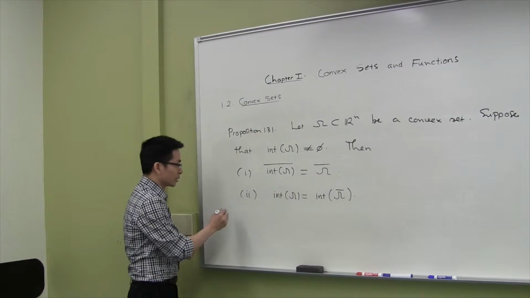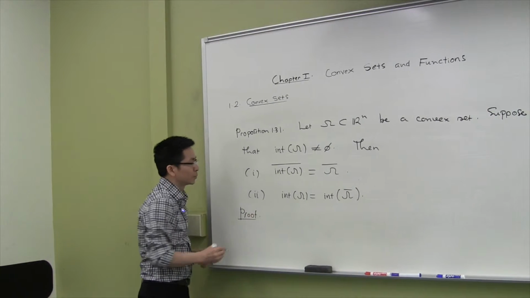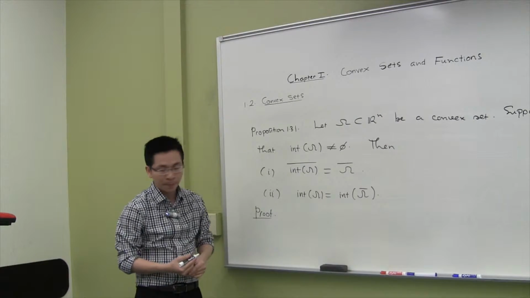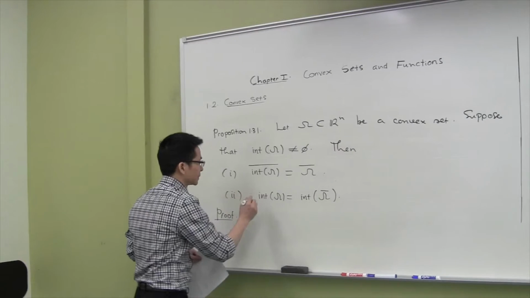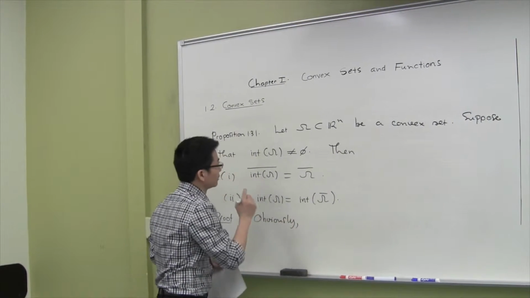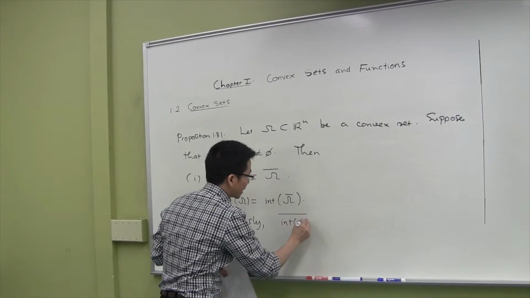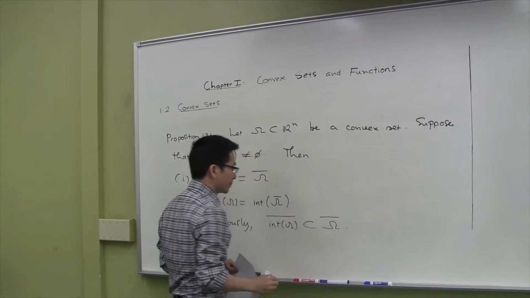So now let me go through the proof of this proposition. The proof is heavily based on the previous lemma. So obviously, the closure of the interior of omega is a subset of the closure of omega.